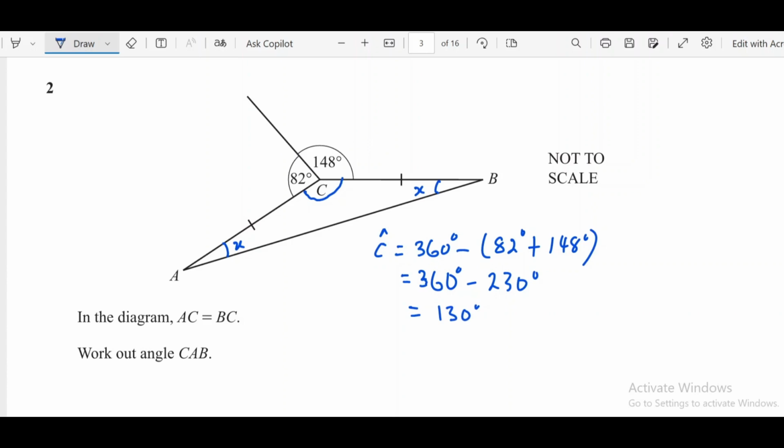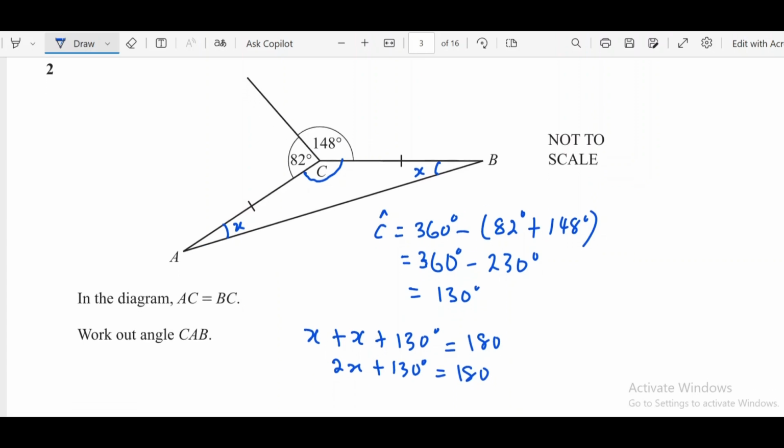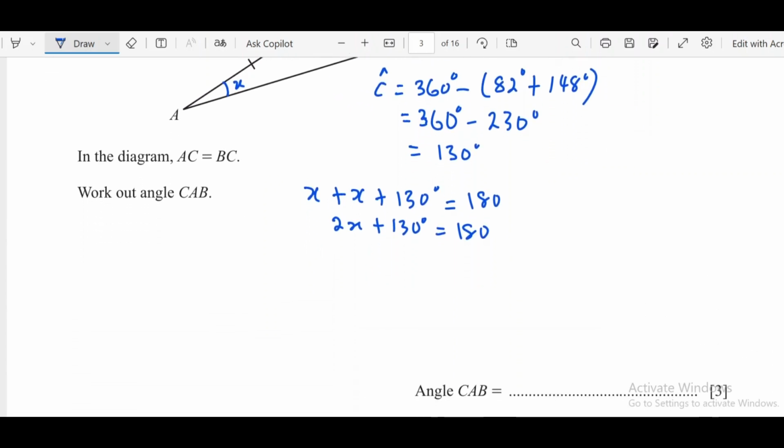And so how do we find the value of x? We consider the fact that the sum of these three angles will add up to 180. So everything here will add up to 180. So we have 2x plus 130 degrees equals 180. So we'll solve this equation now to find the value of x.